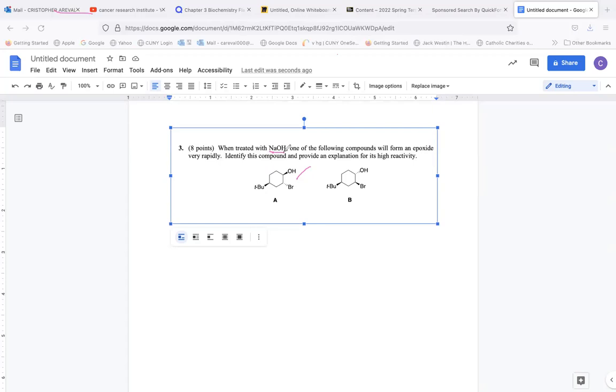Pretty sure he lets me do this. Oh yeah. So it says when treated with an NaOH, one of the following compounds will form an epoxide fast. And it says, find the one that does and explain why it's very reactive, right?